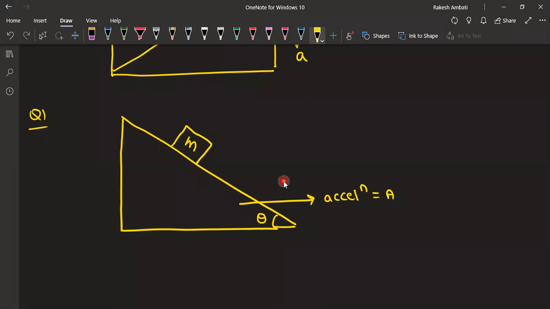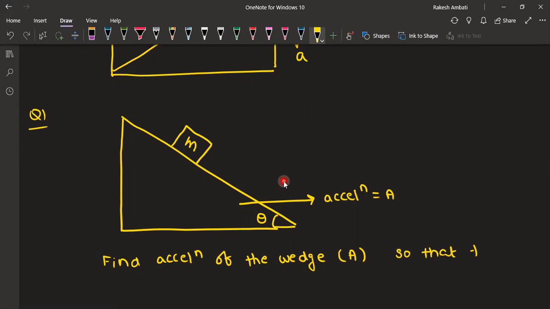Write down the question: find the acceleration of the wedge, that means capital A we are finding, so that the block will be at rest position on the wedge.